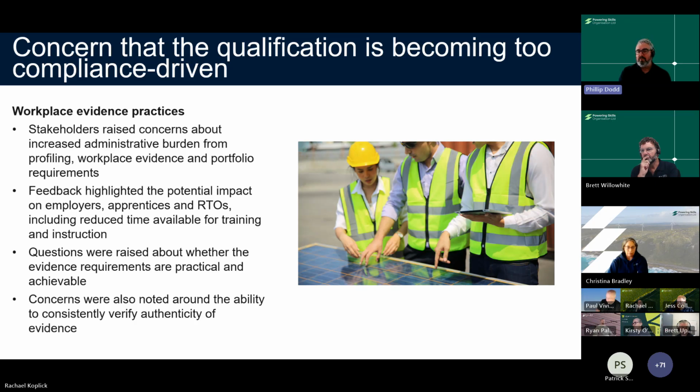We're not looking at increasing the burden, but there is a responsibility for all of the people in that contract of training. There's a responsibility for the apprentice to undertake some workplace evidence. They've got to gather the evidence. They're doing the apprenticeship, they need to take some responsibility on this.